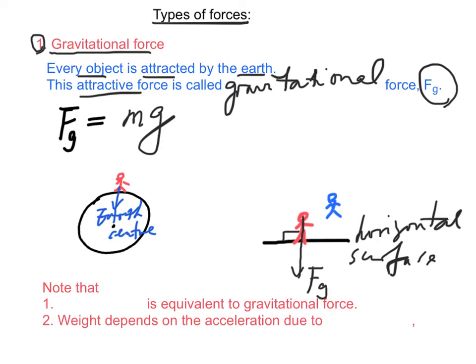The gravitational force on a man above the surface is also perpendicular to the surface and pointing downward. Note that Fg equals mg.